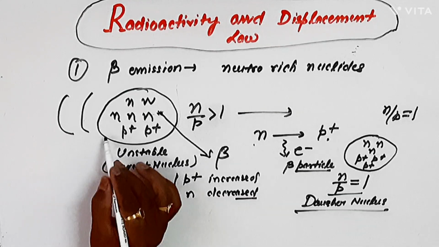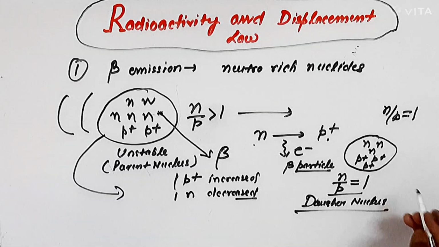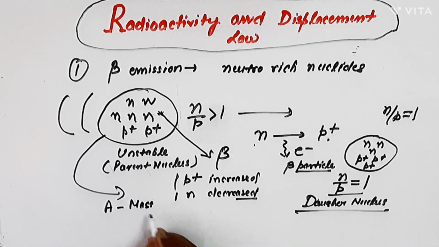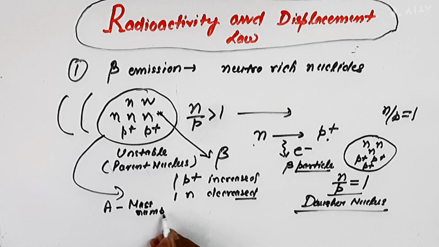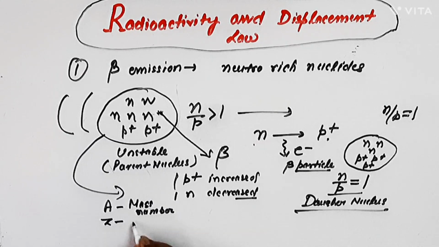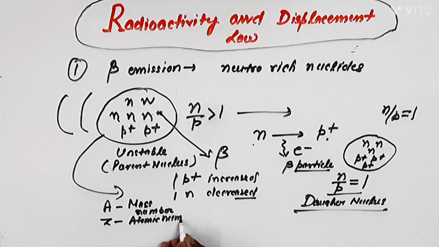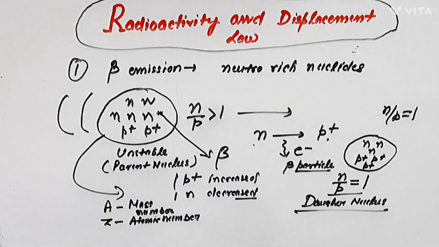So what will happen for this new nucleus? A is the mass number and Z is the atomic number. For the parent nucleus, then for the daughter nucleus, what will happen?